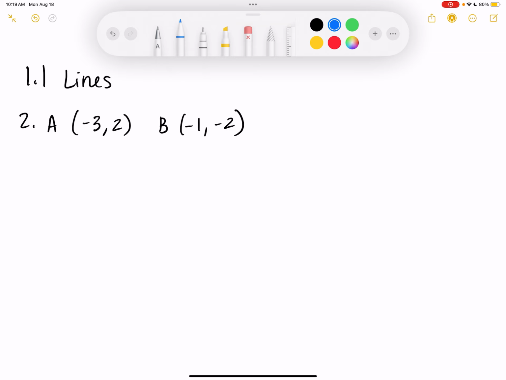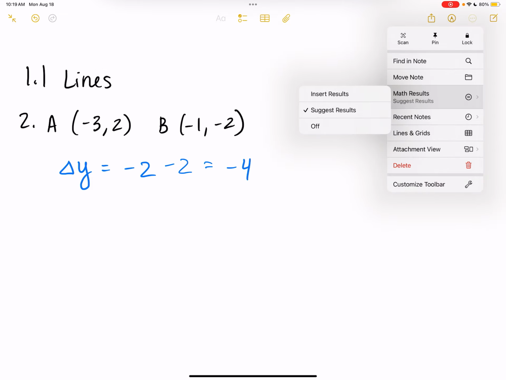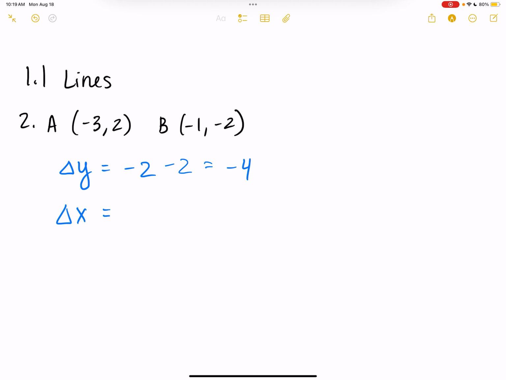So essentially all I'm looking for is delta Y, and so it doesn't matter which one obviously you choose to be the first one, but -2 minus 2 is just -4, and then same thing for X. Delta X is -1 minus a -3, which is just 2. So that's all you have to do for those ones. Kind of boring.